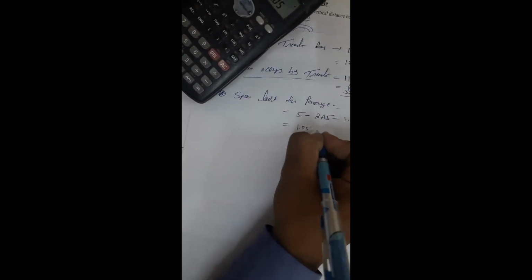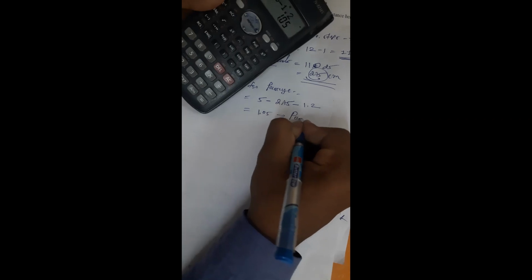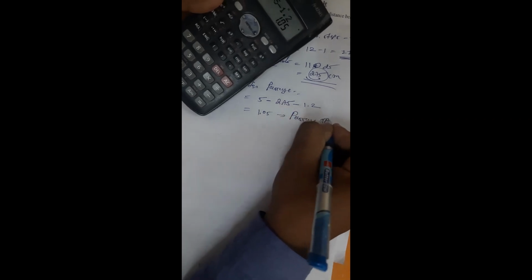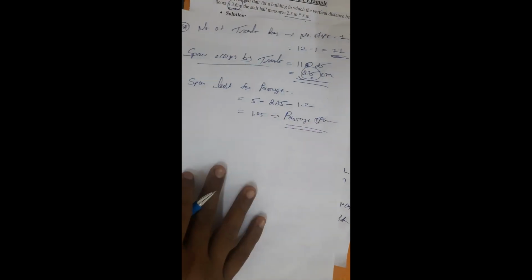So 5 meter minus 2.75, then 2.75 minus 1.2, becomes 1.05. This is your passage space, 1.05 meter.